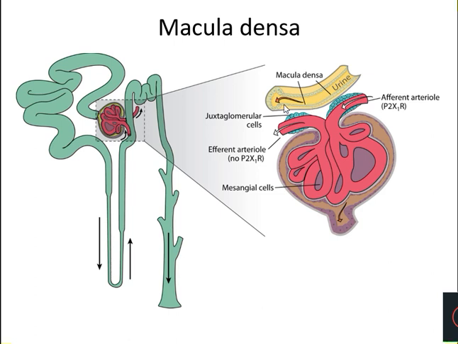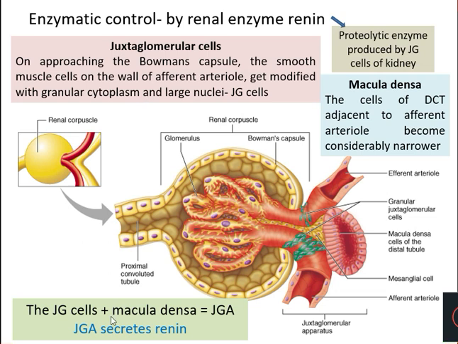Okay, so come back. We were discussing the renin, angiotensin, aldosterone system, in which the first component was renin. And where is renin coming from? Renin is the proteolytic enzyme secreted by the juxtaglomerular apparatus, which in turn is a combination of the JG cells and the macula densa.